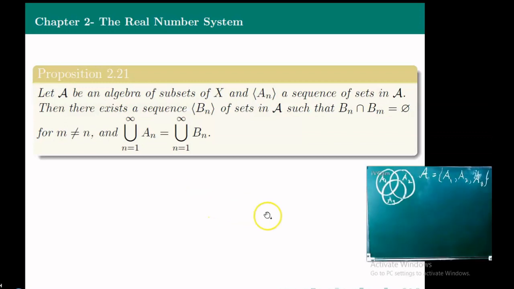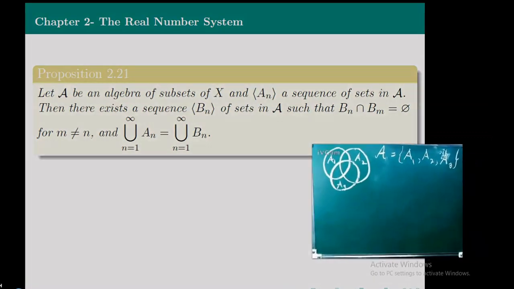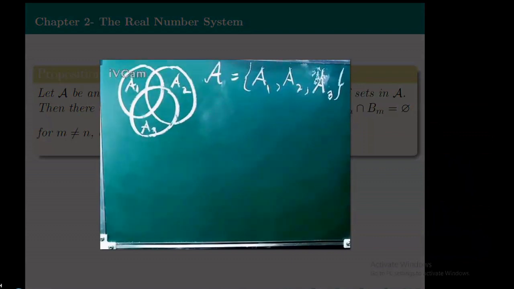So let us try to consider this illustration here. Say for example, this script A here is an algebra of sets, with members A1, A2, and A3. Say we have these sets here, A1, A2, and A3.